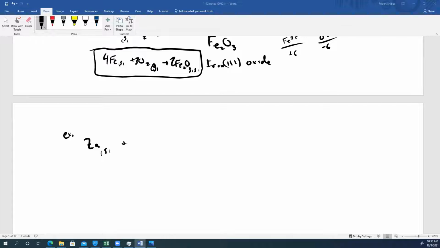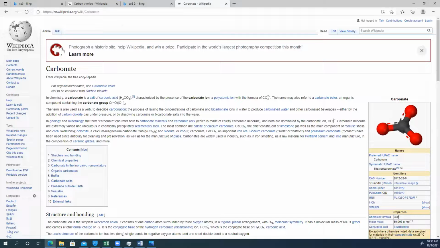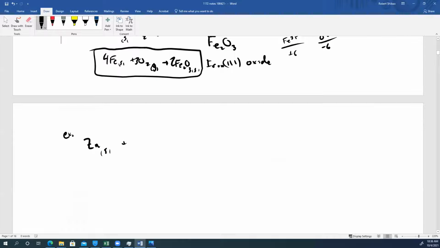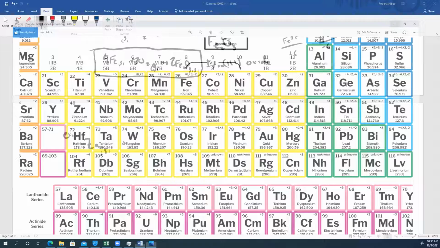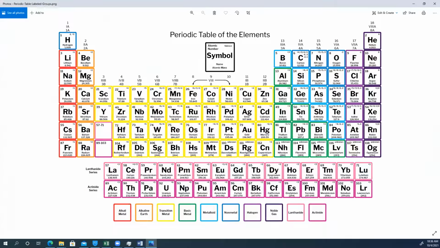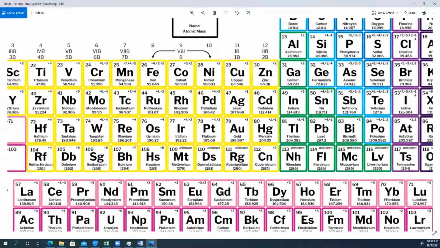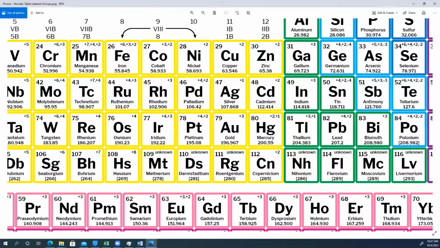That's correct. Let's take a look at that. Zinc is in group 2B here. It's fixed. Zinc is fixed charge at +2. Cadmium is also fixed charge at +2, but mercury is not. Mercury is variable charge, +2 and +1.